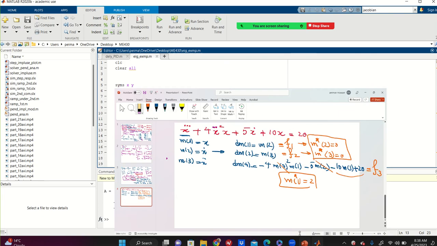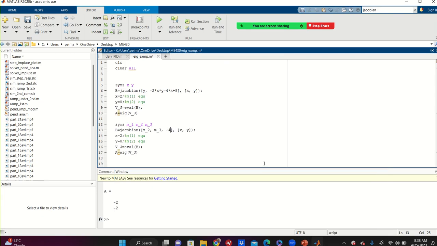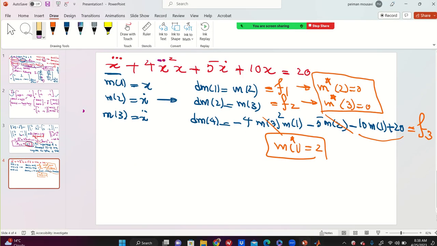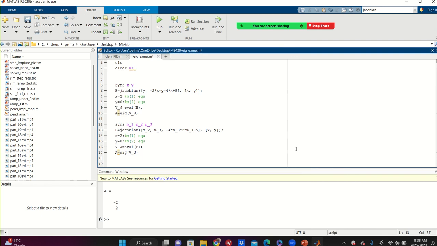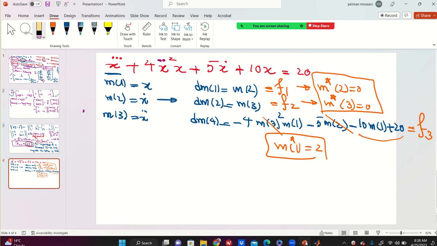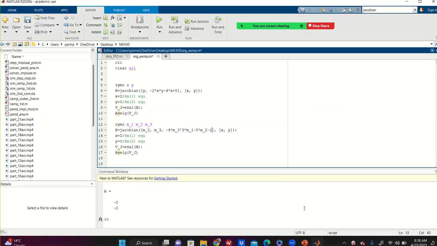minus 4 M3 square M1, minus 5 M2, and minus 10 M1 plus 20.